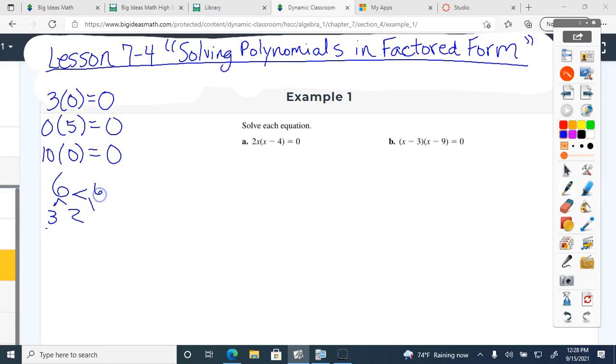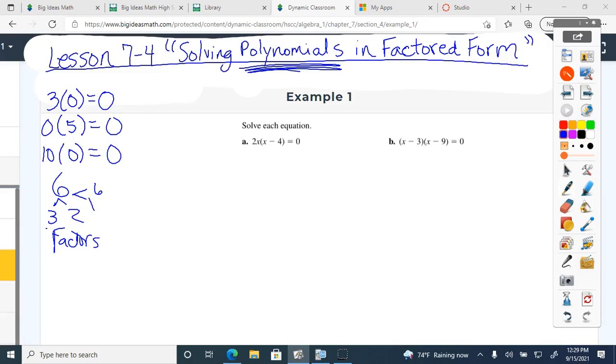Those are called factors. So, what we're doing is they're giving us factors, but they're giving us factors of polynomials, not of numbers. So, they're already going to be factored.